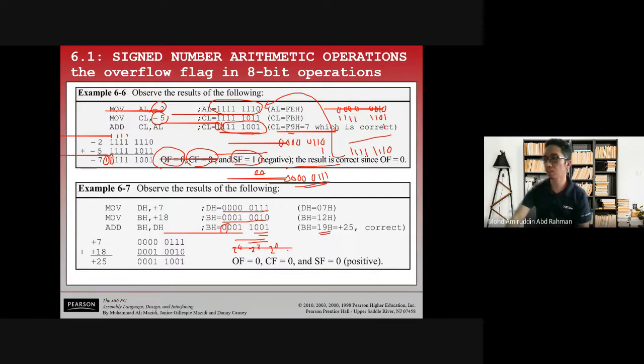So it is 25. Only do the inversion when you have a negative integer. Over here there is no carry from D6 to D7, and also no carry from D7 to out, so all of those are 0. So you get that?